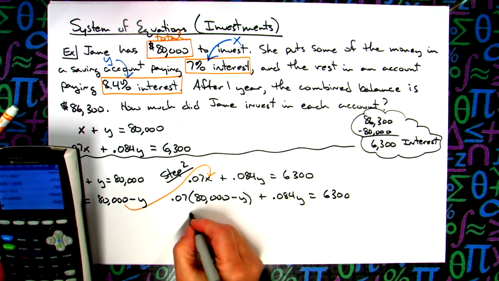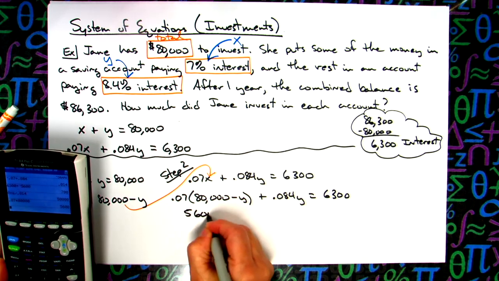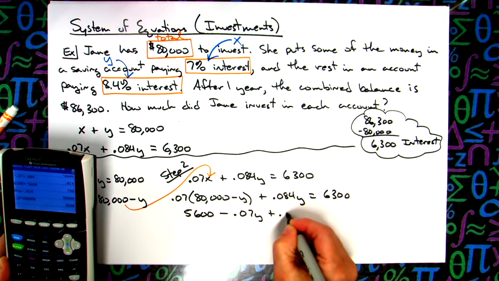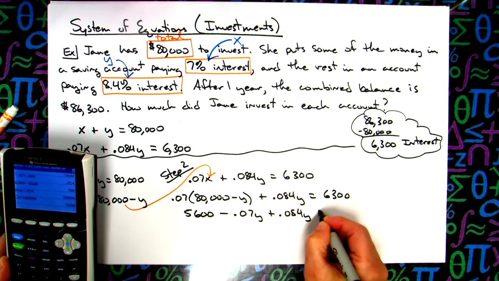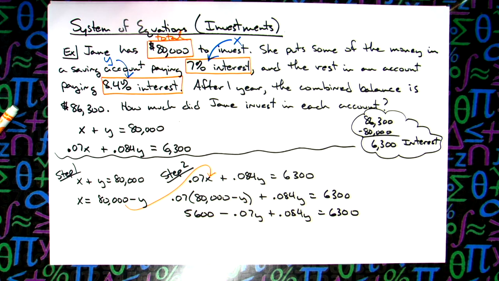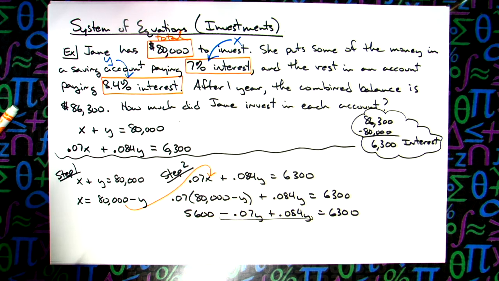So I got 5,600 minus 0.07y plus 0.084y. I'm counting on you guys to catch me making any silly mistakes. Then we got some like terms over here. These two things are like terms. So negative 0.07 plus 0.084.